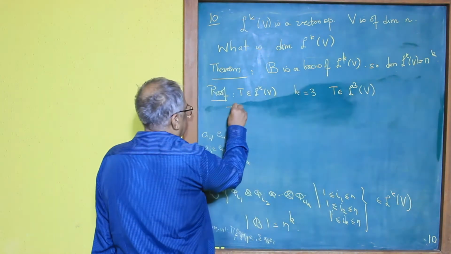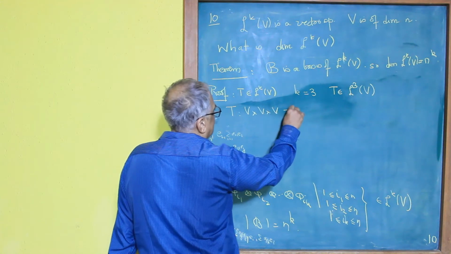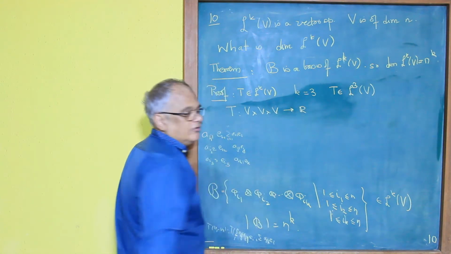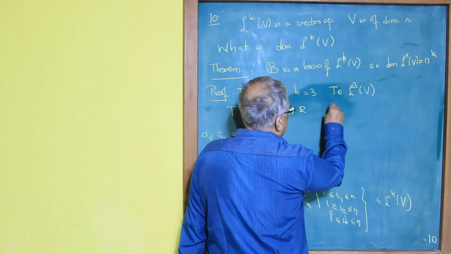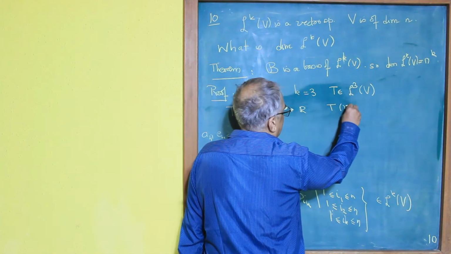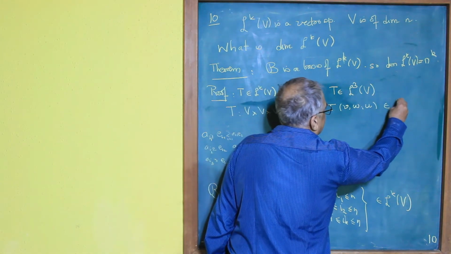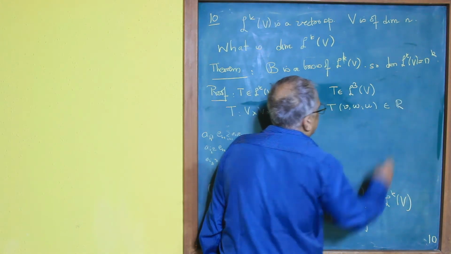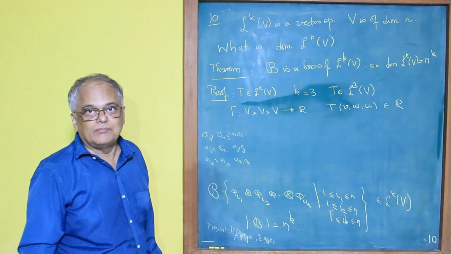So T is a map from V cross V cross V to R. So T of (V, W, U) is in R, where V, W, U are elements in V.